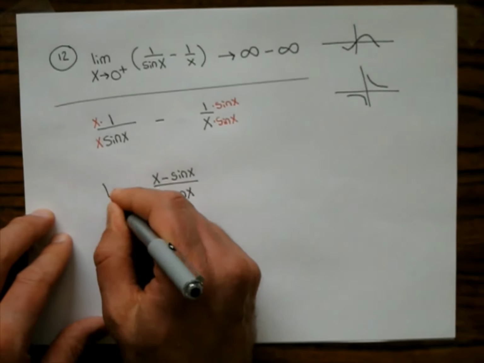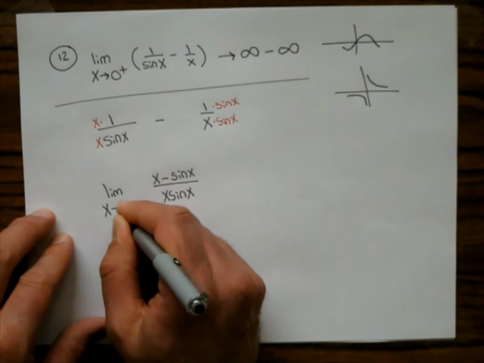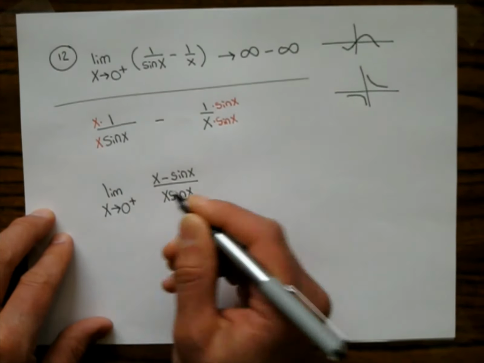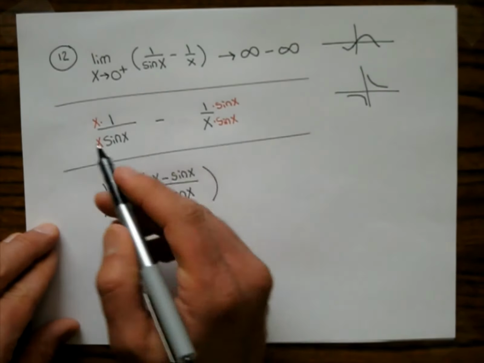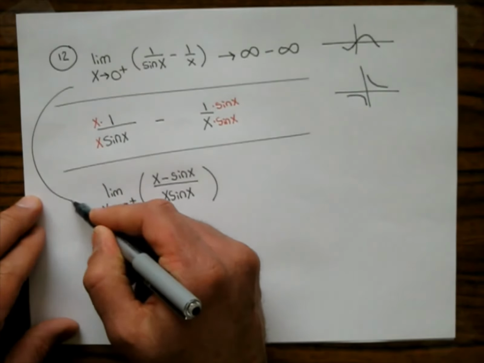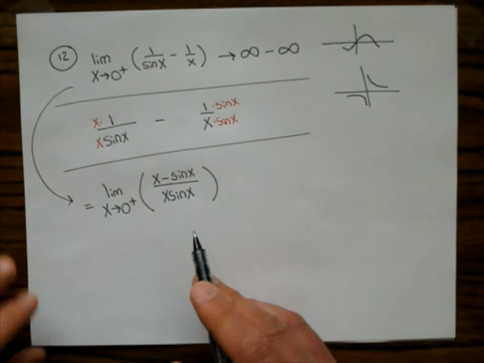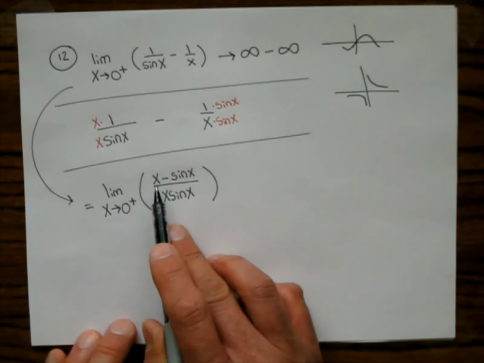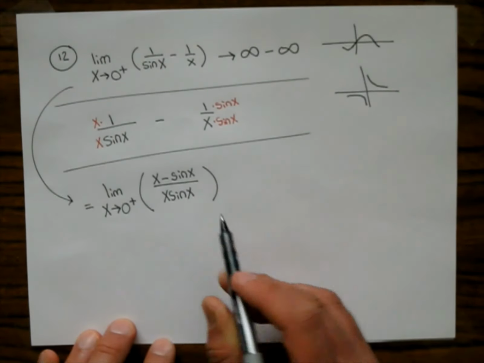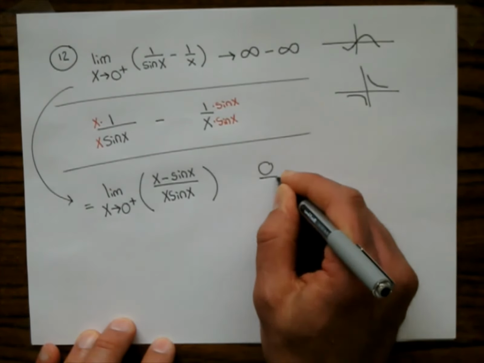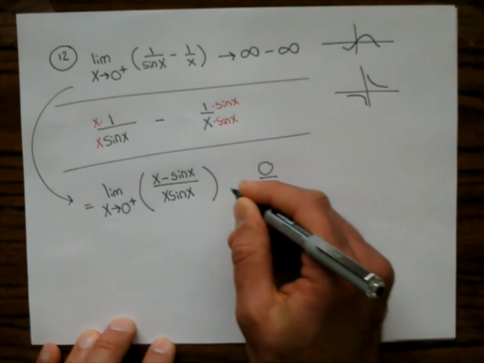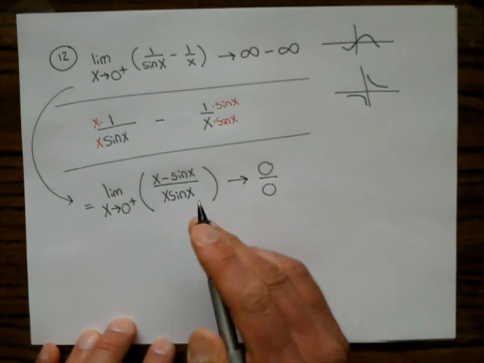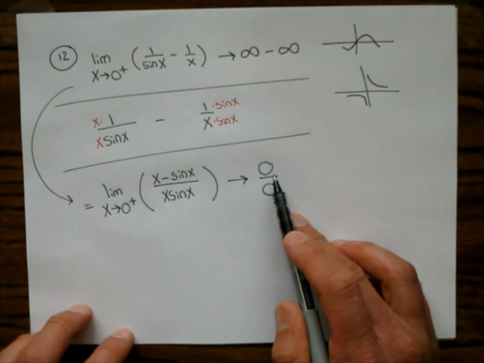And now we're still doing the limit as x approaches 0 from the right of this. Let's put 0 in: on the top we get 0 minus sine of 0 is 0, and on the bottom we get 0 times sine of 0 is 0, so we get 0.